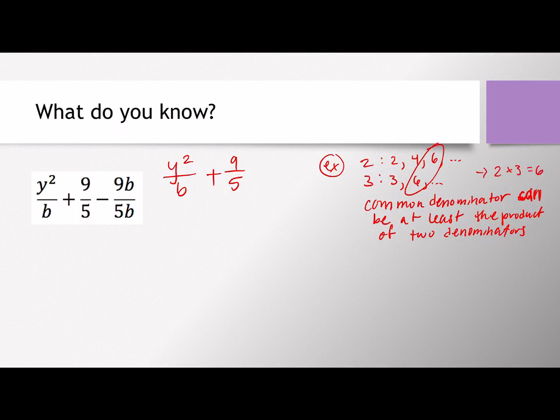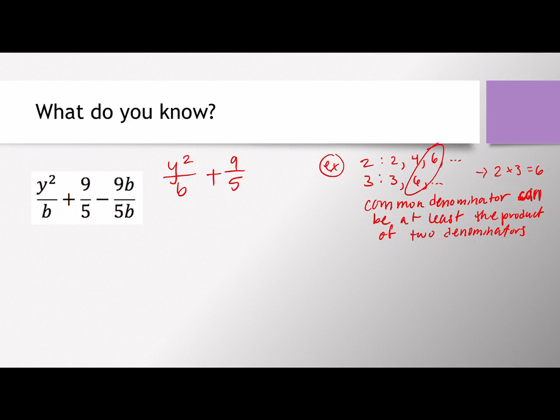So sometimes when you work with just numbers, it is more efficient to use the least common denominator, meaning that you'll have smaller numbers. But you can always use the product of the denominators. And that plays out true more for the case of rational expressions, which means a fraction with a variable in it. Okay?